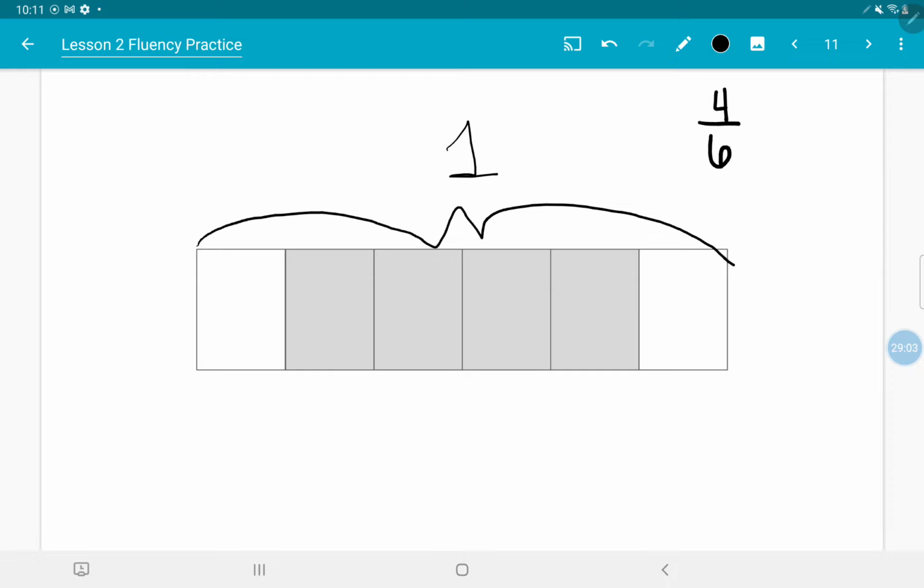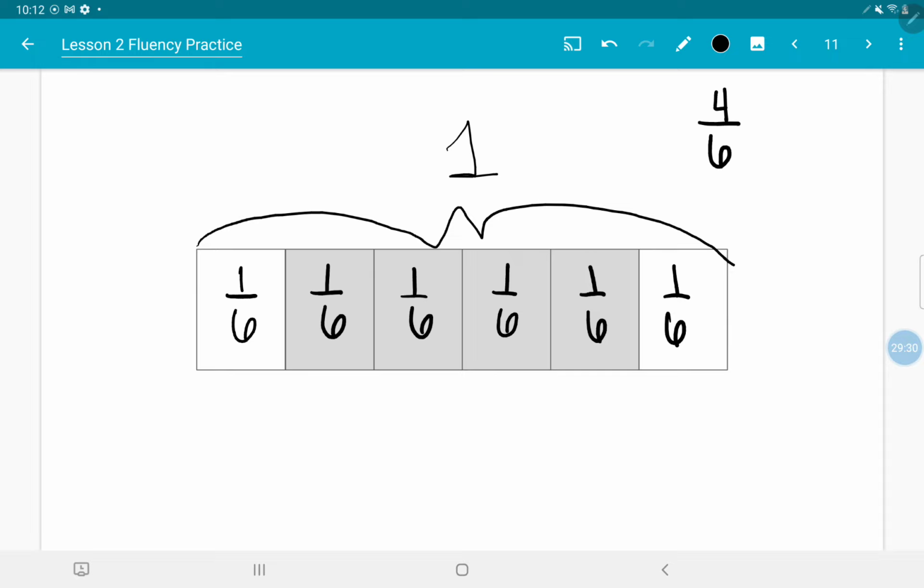How would I write that as a sum of unit fractions? What is each unit, Owen, or each part? 1/6. So if each part is 1/6, how would I show the sum of unit fractions of the shaded portion?